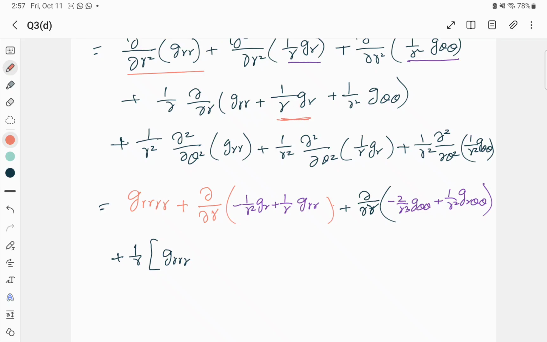Then for this term we have to apply the product rule, so it will be negative 1 over r square g_r plus 1 over r g_rr. For the last one, again we have to apply the product rule with respect to r. So the derivative of 1 over r square will be negative 2 over r to the power 3 g_theta theta plus 1 over r square, and then it will be g_r theta theta.